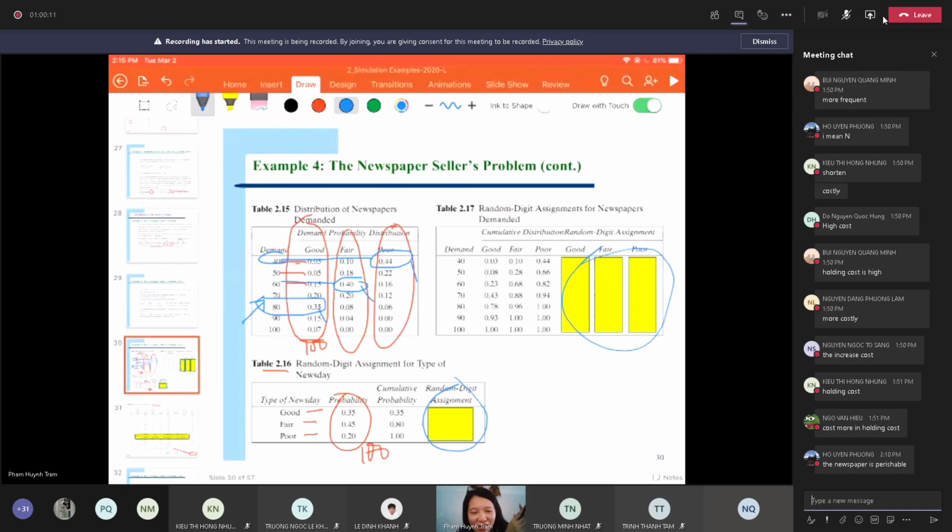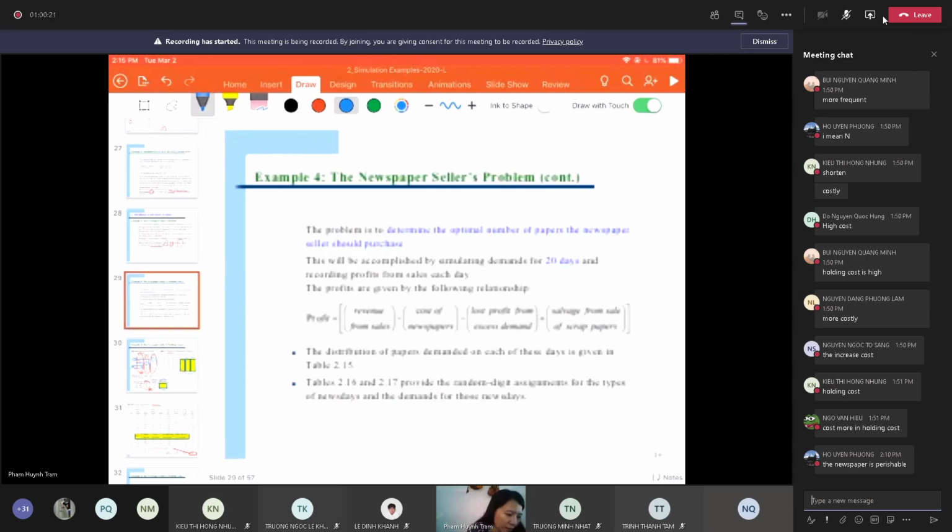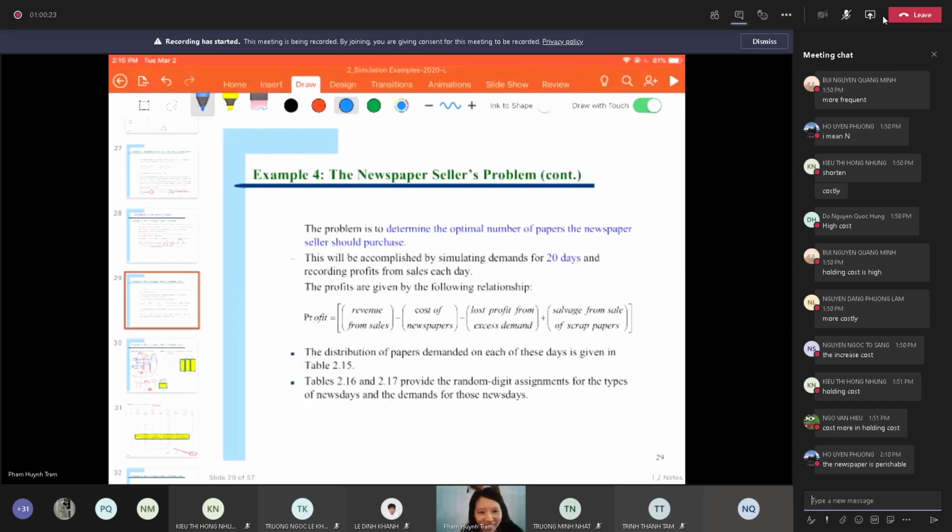In this case, let's say we will calculate directly the profit. We will try a certain number of newspapers that we buy, and then we will see how much profit we can get from that.